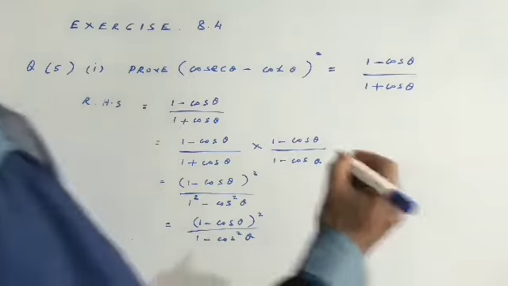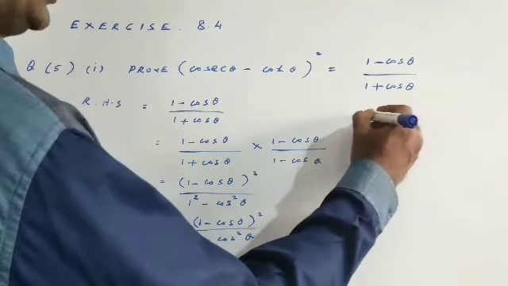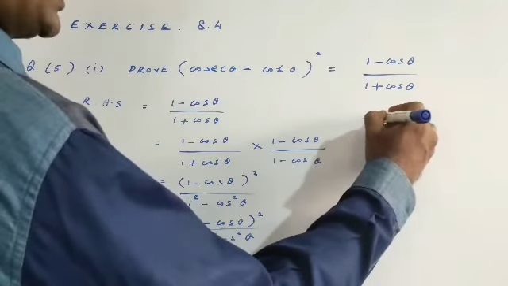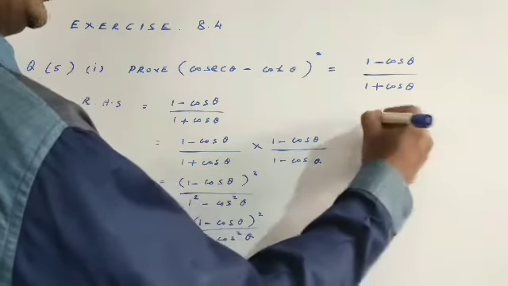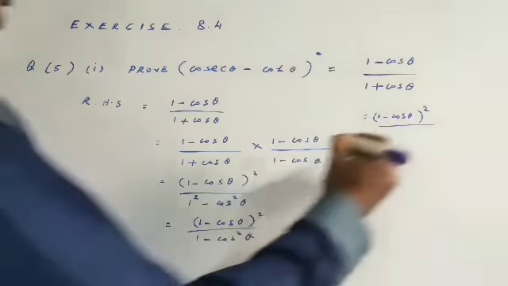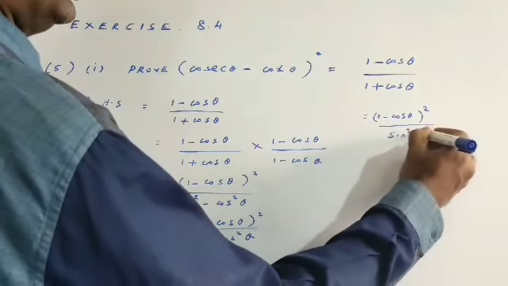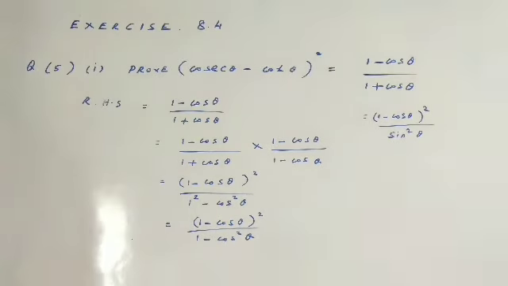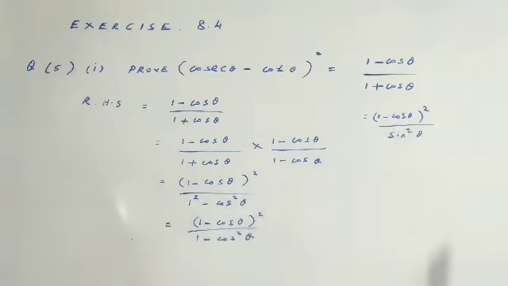Now we know from the identity that sin square theta equals 1 minus cos square theta. So write the numerator as it is, 1 minus cos theta the whole square, divided by 1 minus cos square theta, which is sin square theta. Now listen, the numerator has a square, and the denominator also has a square.